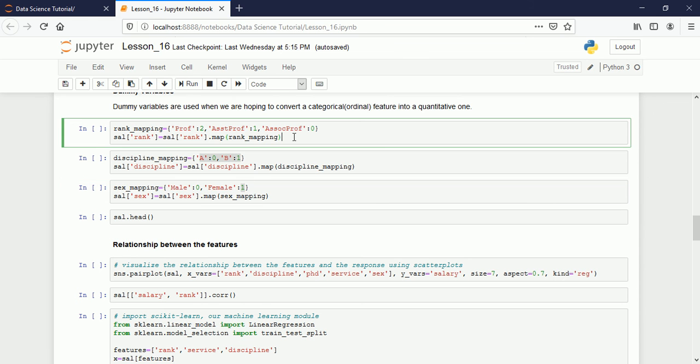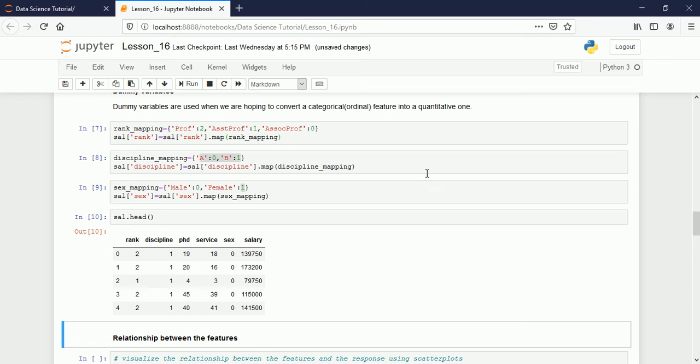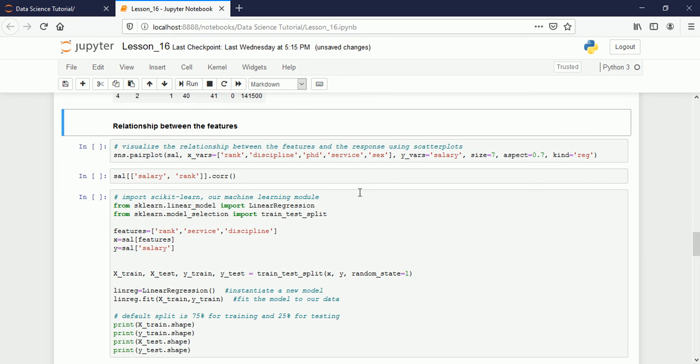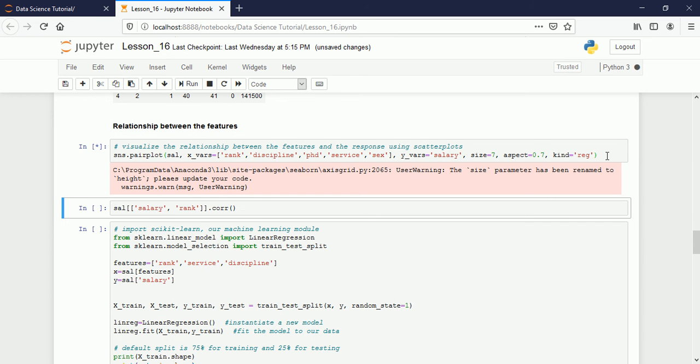Let me execute one by one, and then we will see the result. Yeah, now they are all converted to numbers, quantitative values. Now let's find the relationship between them and show them in the form of graphs.